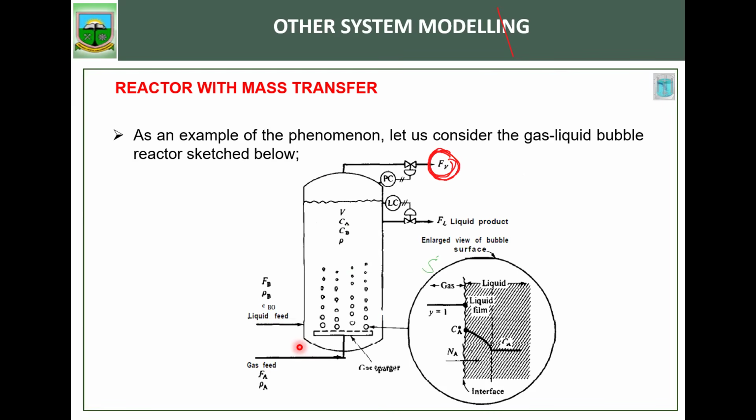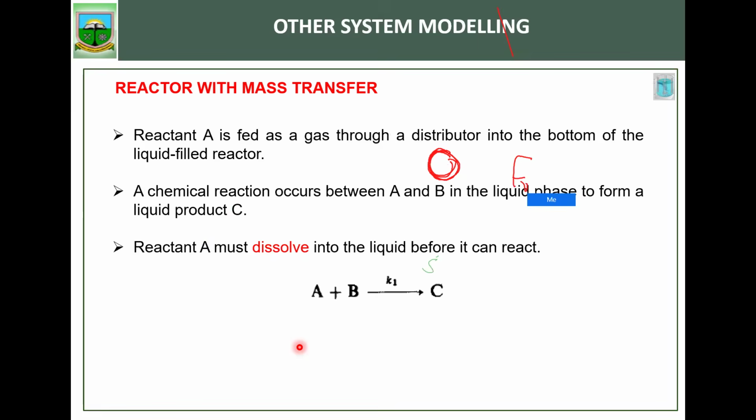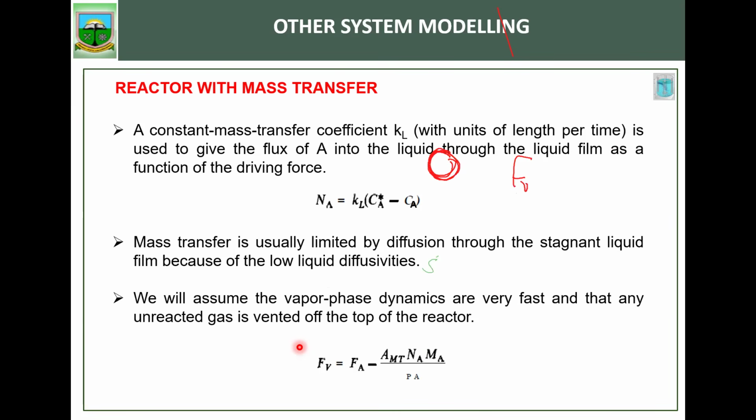And we are saying that this V_F here is equal to F_A minus N_A times A_m, all over the density.